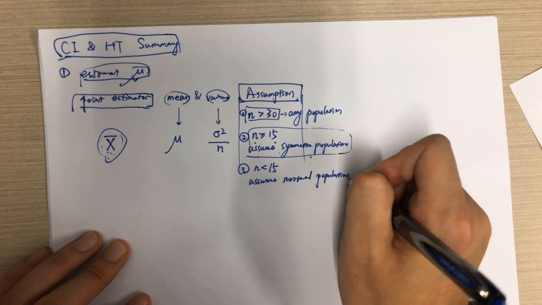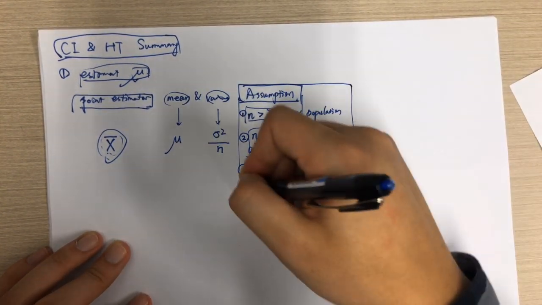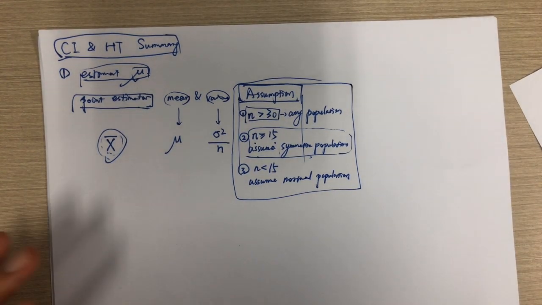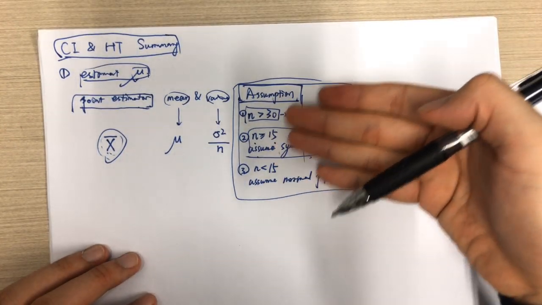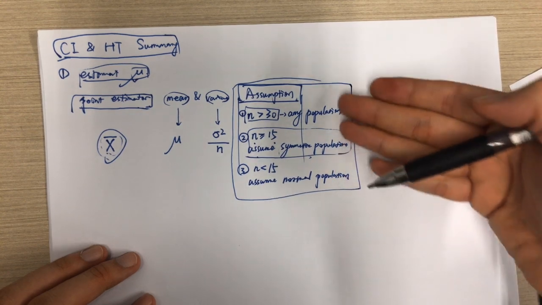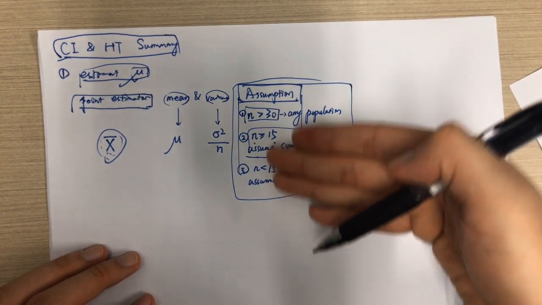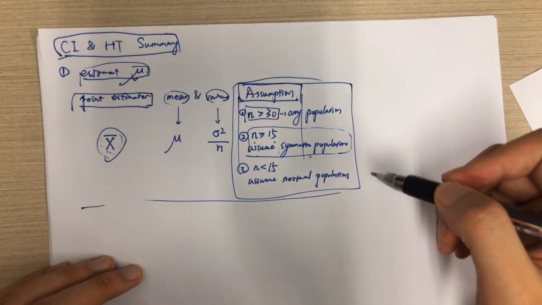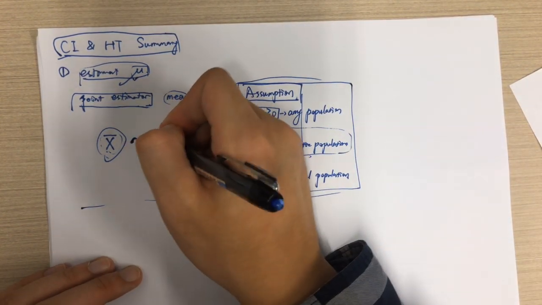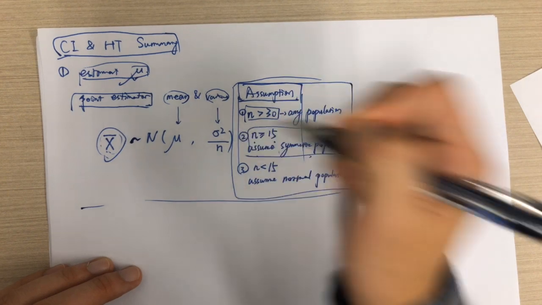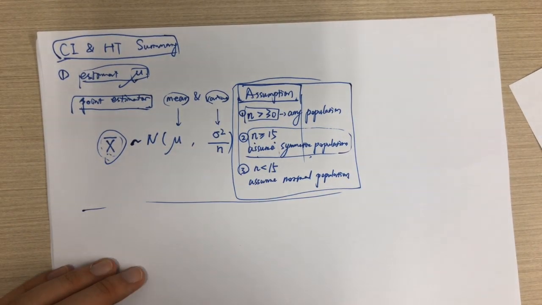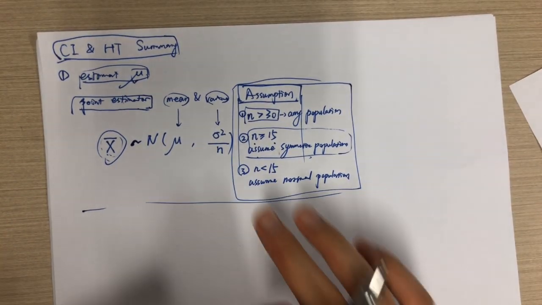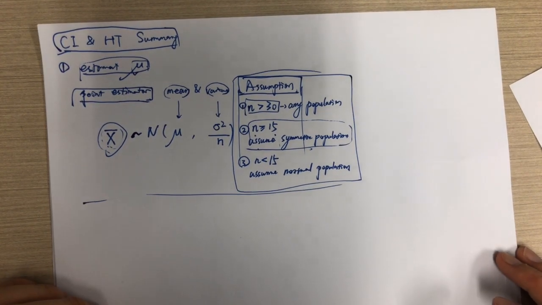So in the question, if you are asked about the assumptions, you need to look at the sample size and determine what kind of assumptions you need to make on the population. Those are the underlying assumptions and distributions. So X bar follows a normal distribution with mean mu and variance sigma squared divided by n.